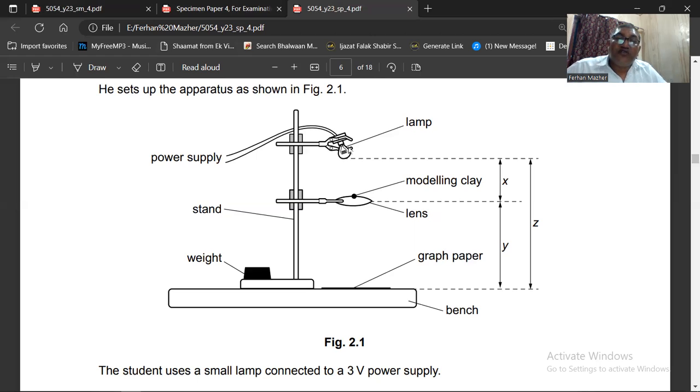So when this lamp is switched on, the shadow of this clay is formed on this graph paper, which is on the bench. The height of this lamp from the bench is Z. The distance between the lamp and the lens is X, and the distance between the lens and the bench is Y. So I hope you understand this diagram.